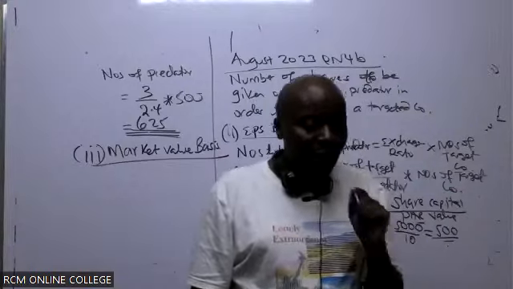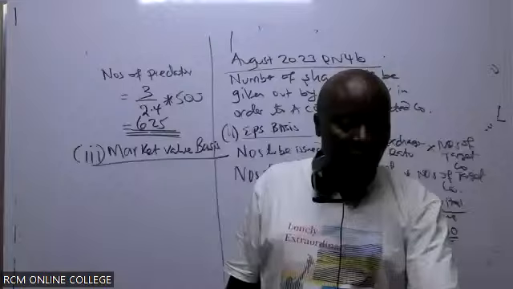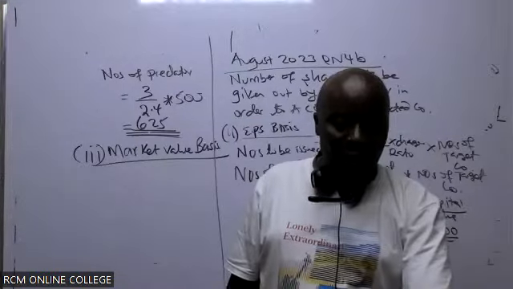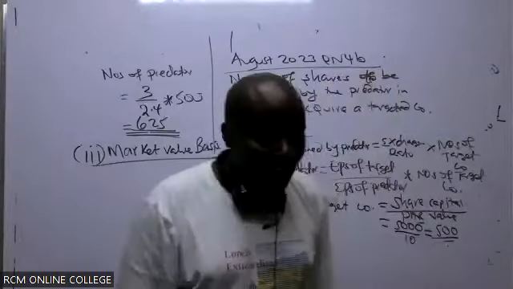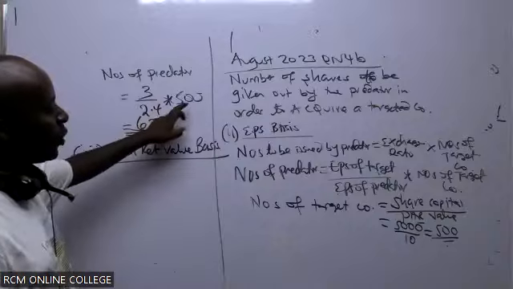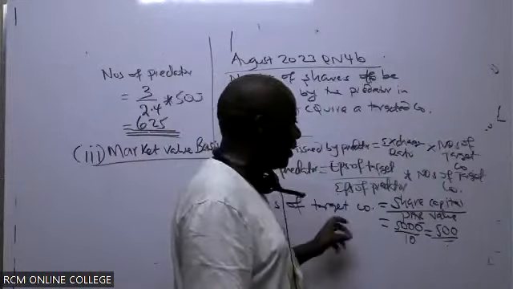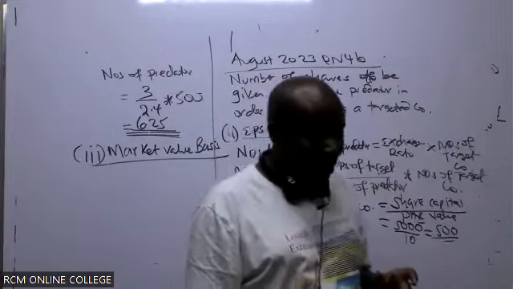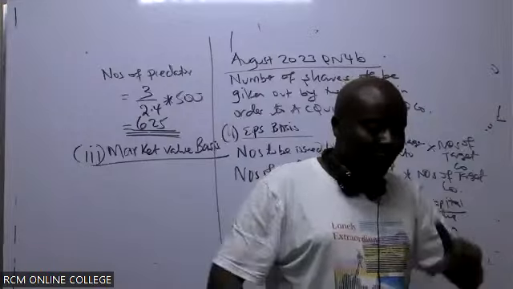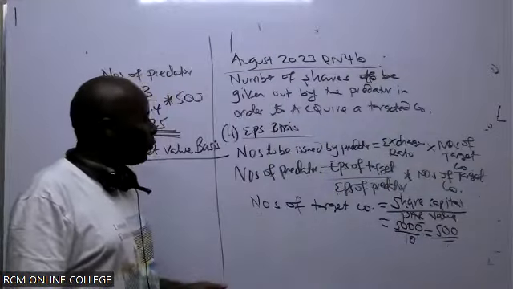If you look at the additional information, in the second table you can see the current earnings per share: Bero is 3, and the predator is 2.4. That's how we got the exchange ratio of 3 and 2.4. Then we obtained this 500 by taking the number of shares of the target company. In the first table given, the balance sheet, the ordinary share capital of Bero is 5,000. We divide by the par value there, which is shillings 10. I hope that is helpful.